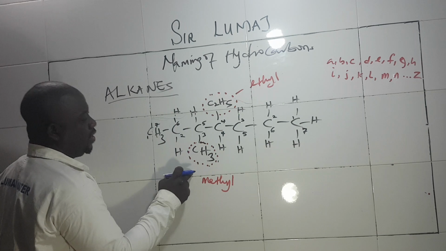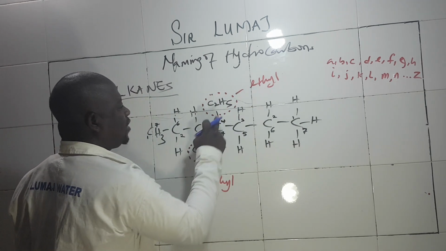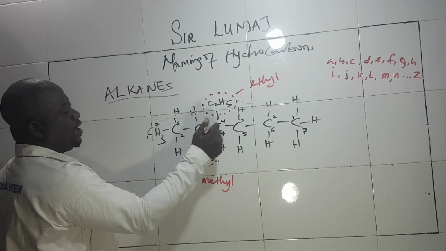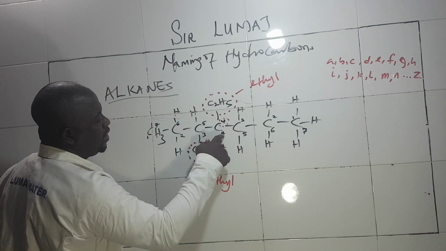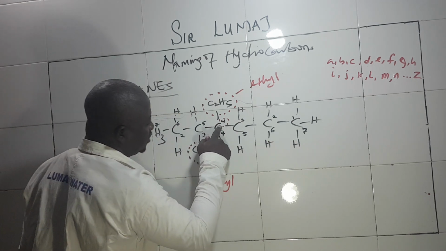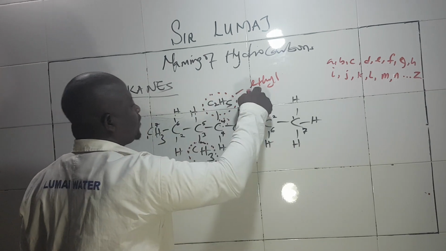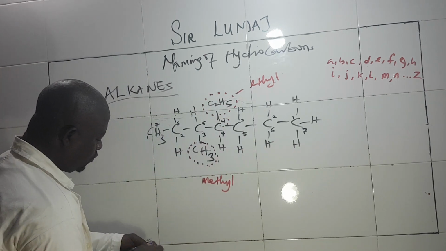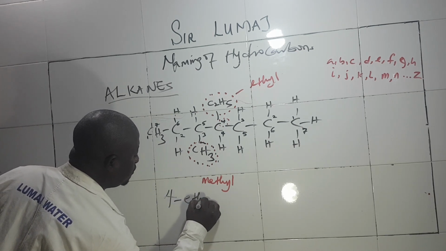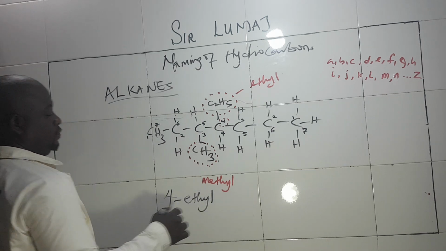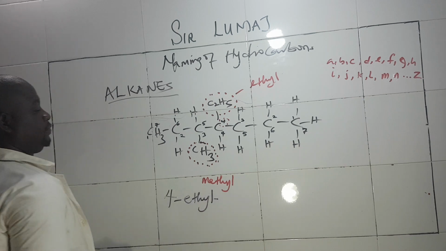So to name this compound, you say, on which carbon atom is ethyl attached? It's attached to carbon number 4. Ethyl is attached to carbon number 4. If you count from here, it's 4. If you count from here, it's 4. So it will be 4-ethyl, with a dash.